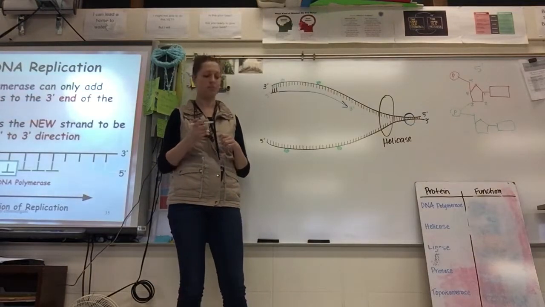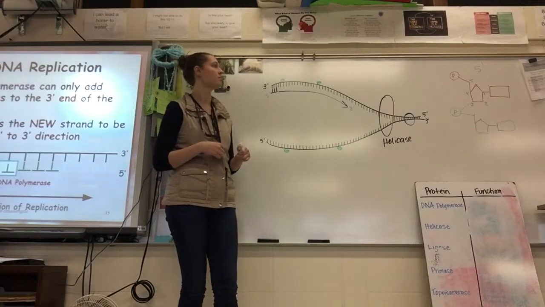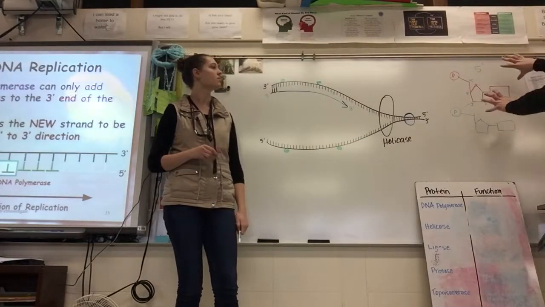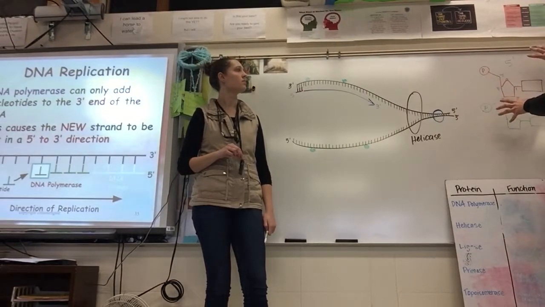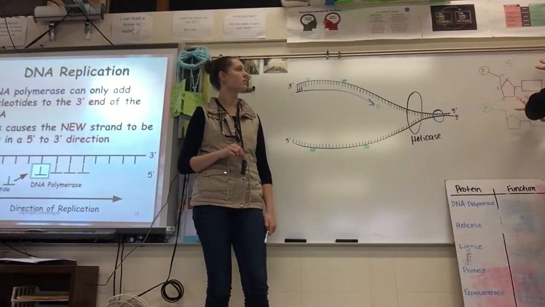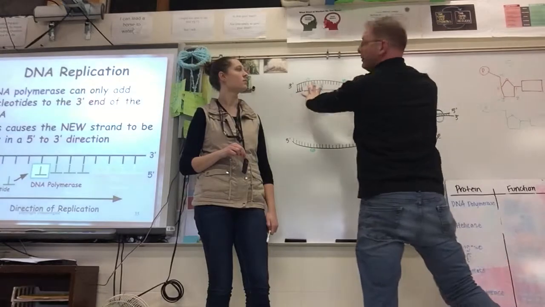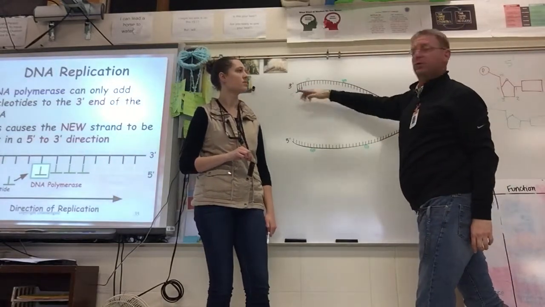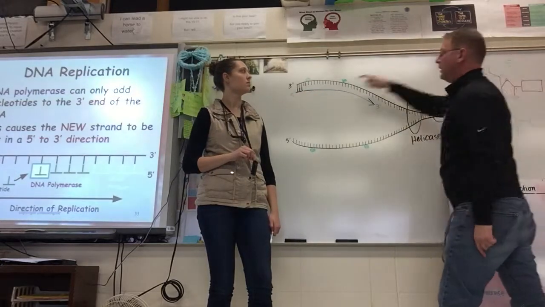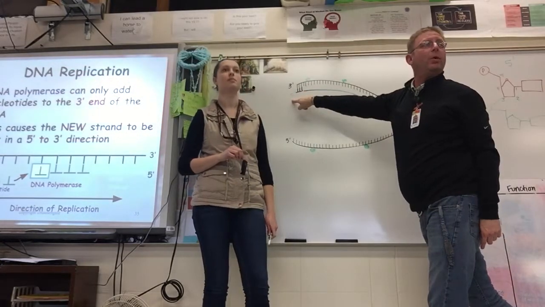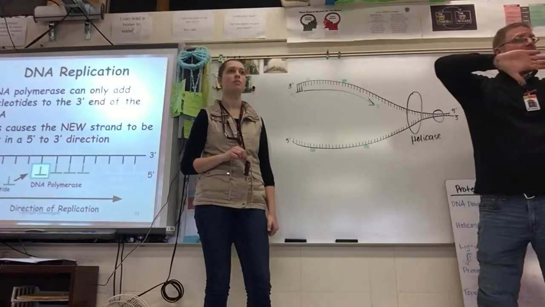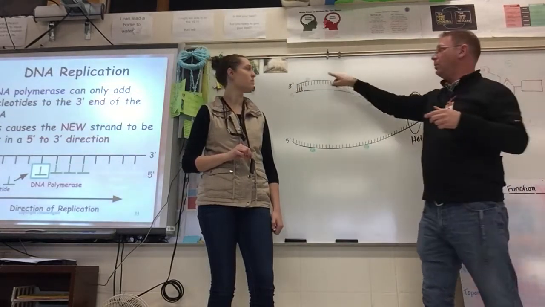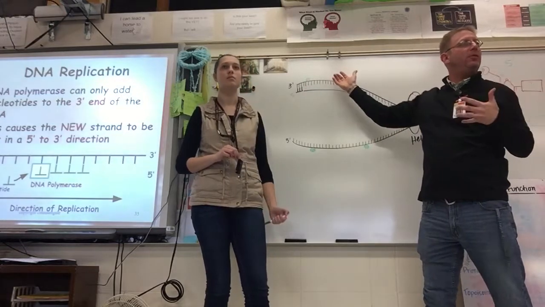So basically what she's trying to show you is that if you take this right here and turn it like this, does that make sense? You just tilt it this way, so your 5' is here. Remember, DNA has to be anti-parallel. So the new strand that you're building has to be anti-parallel to your original template strand.